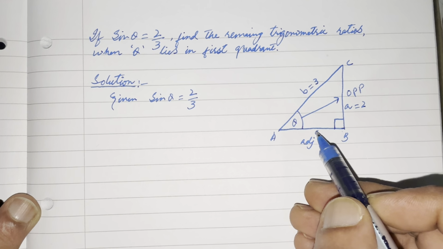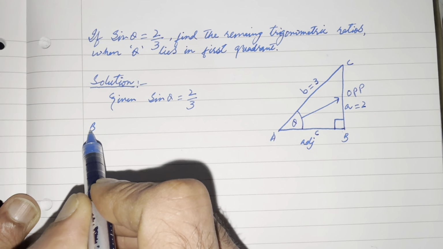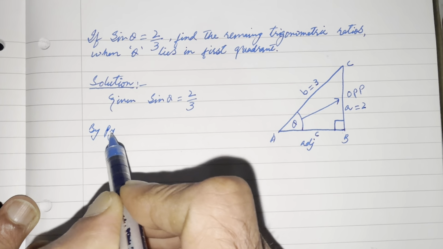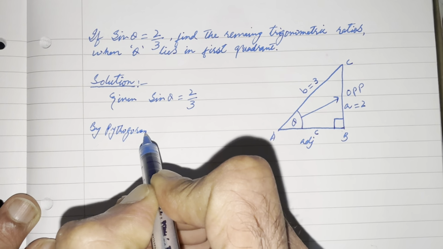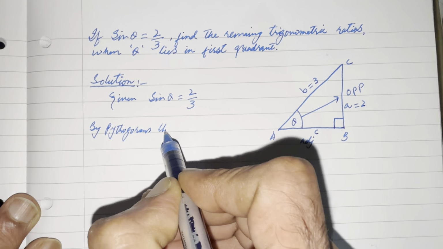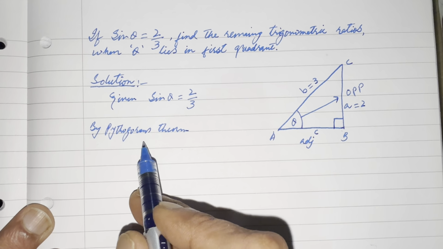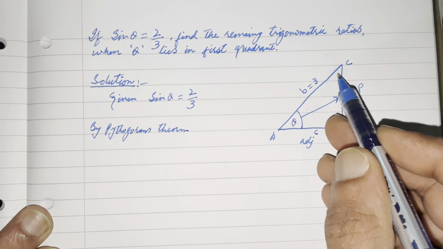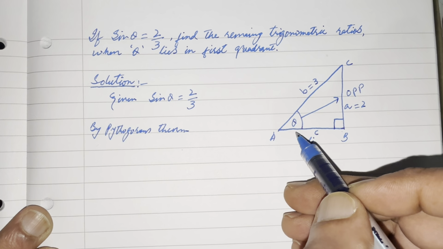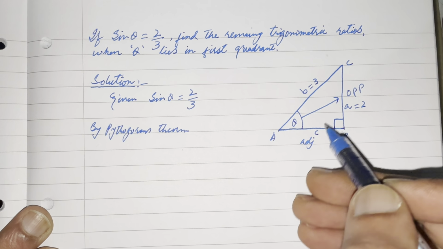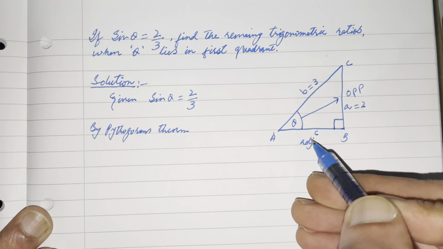So by using the Pythagoras theorem: the square of the length of the hypotenuse is equal to the sum of squares of the two other sides, or you can say the sum of squares of the opposite side and the adjacent side.